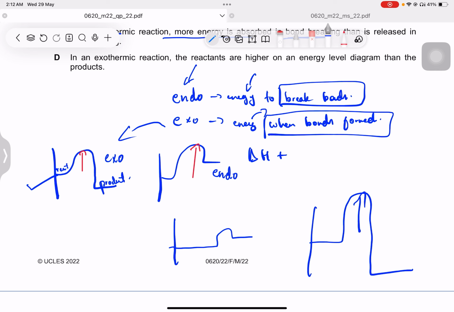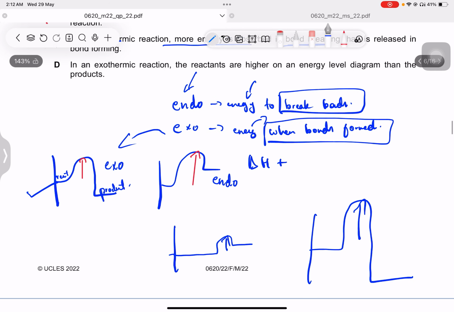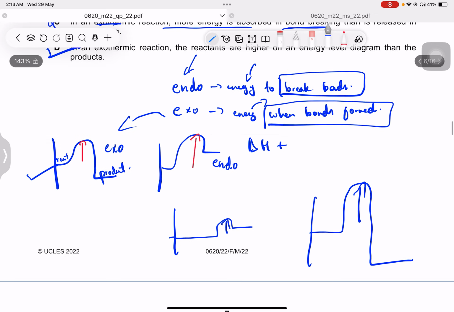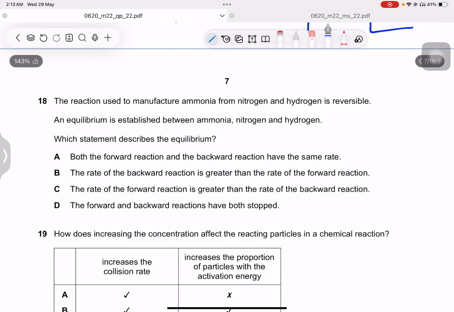So the activation energy can vary depending on the reactants themselves. Now this is universal. This is always true. So this is never wrong. So always make sure to read all the options because you can be mistaken. What they did was they told us it is always higher. This is not true. Always. Next question.